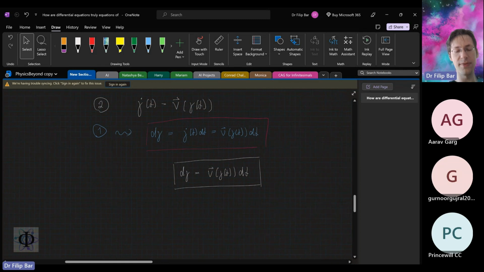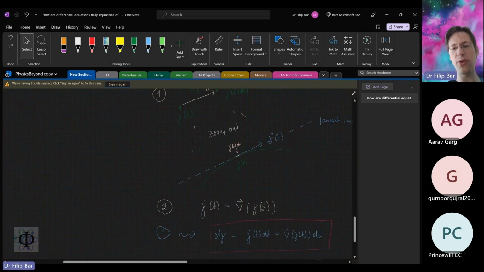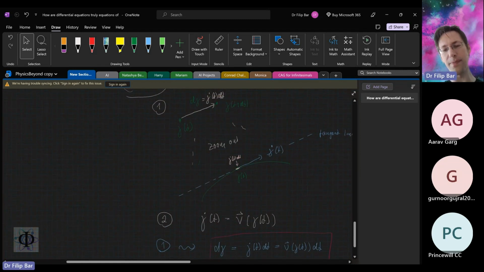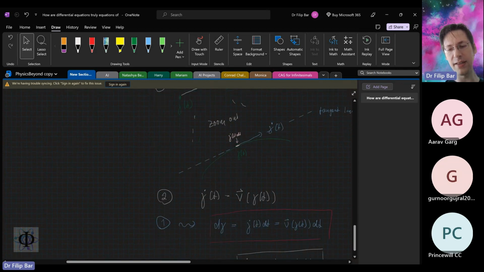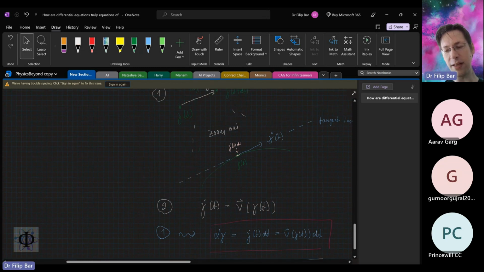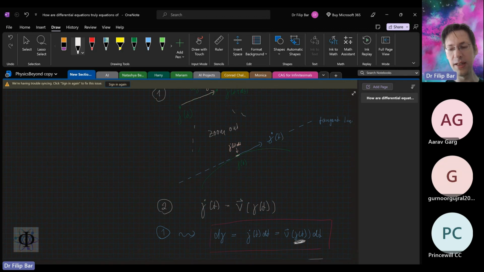Actually, quite a lot. The most important thing is this picture we've drawn under step one. Look at our equation: if you tell me the starting point and I know the velocity, then I can calculate the infinitely small displacement that the particle has to make in the next time step dt.